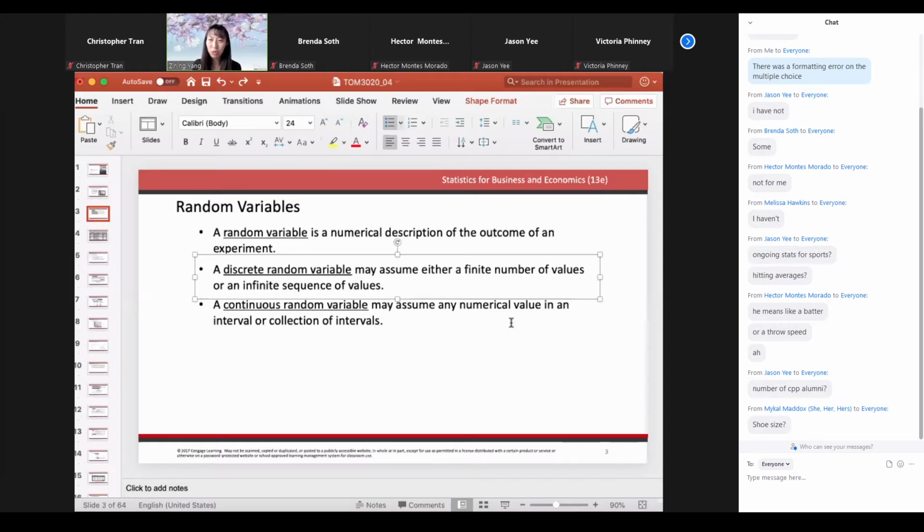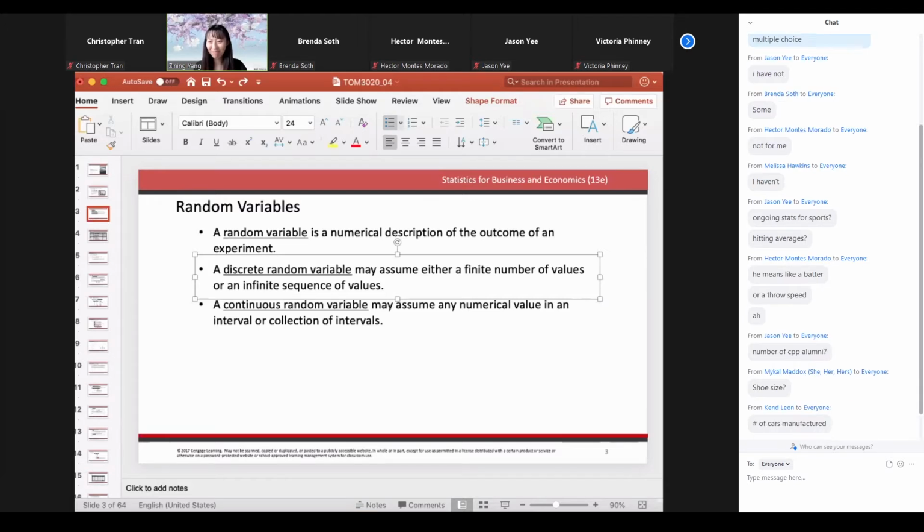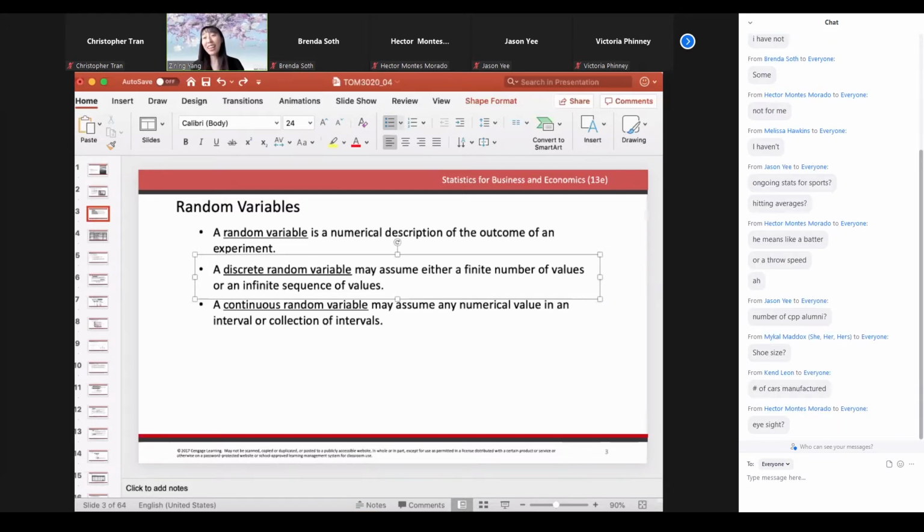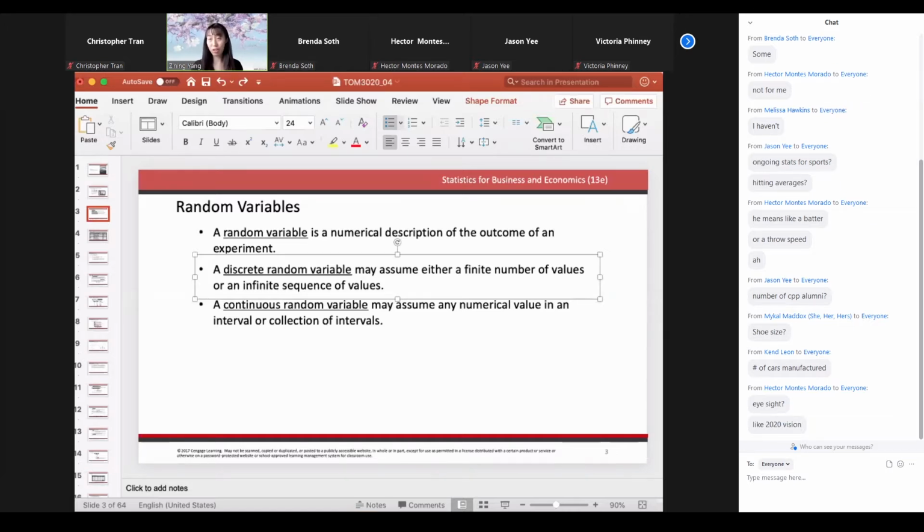What other discrete random variables do we have? Other examples? Yes, very nice, Kent. Number of cars manufactured, right?